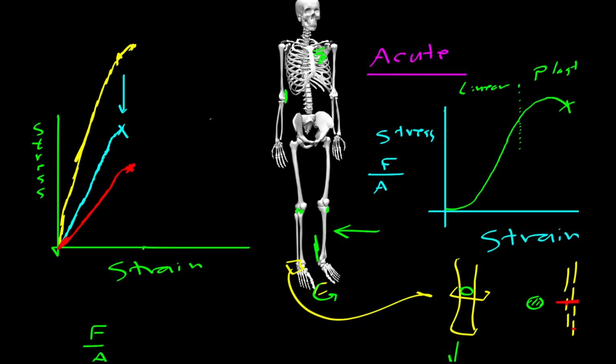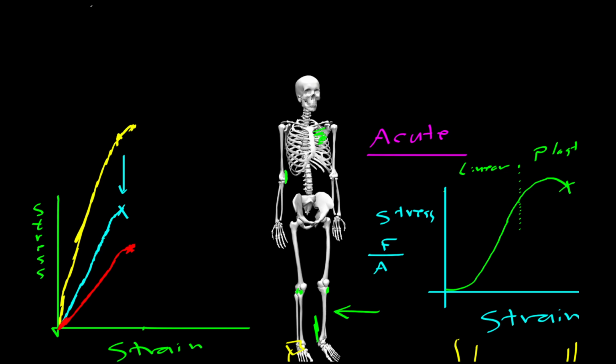So it's important to remember that both the force, which is going to dictate the stress, matter. So, let's think about what matters here. Number one, the force, because that's going to go into that stress equals force divided by cross-sectional area. Number two, cross-sectional area. So somebody with big, thick bones is going to be much more impervious to acute injury than somebody with skinny, little, thin bones.